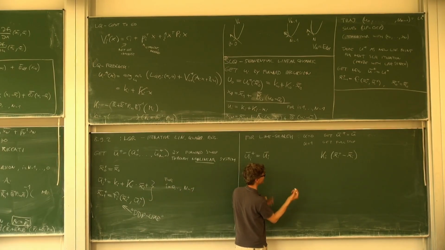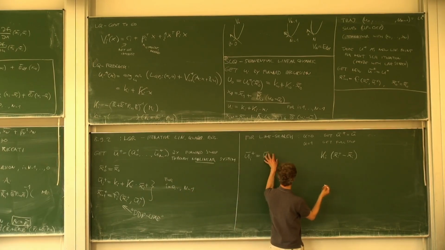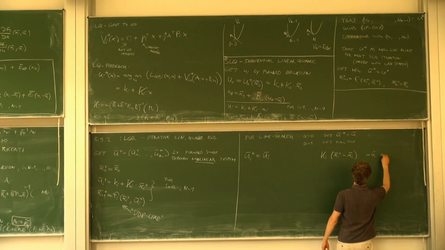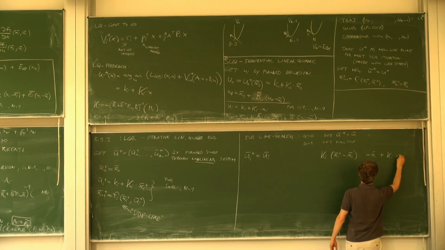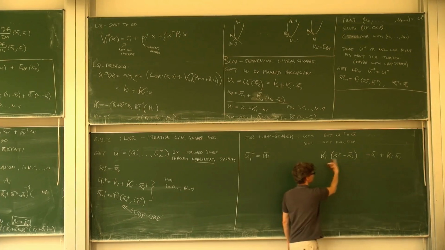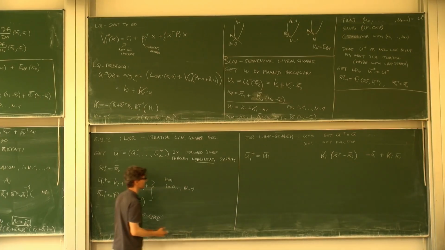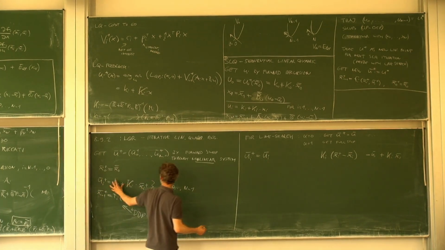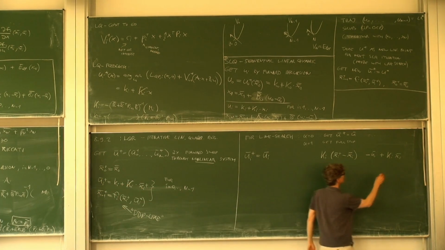So first I need to add and subtract what I just added and subtracted, so I put it here: I get a minus ui bar, and here I need a plus ki xi bar. So these are the terms I just added, and then I would have only that term until now, and then I need to add plus ki.